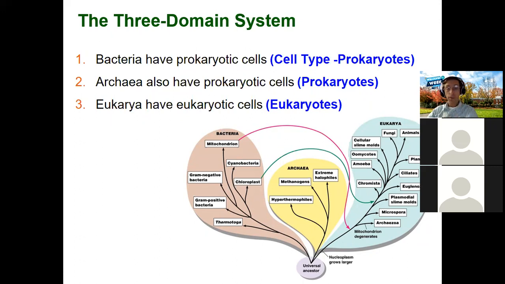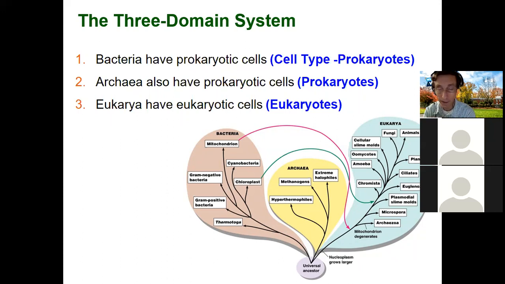However, the classification of a prokaryote and the eukaryote has been around long before we ever knew about there being three domains. And that's why the cell type being a prokaryote is most often called a super kingdom. That's because the kingdoms were around before the domains, and the prokaryotes and eukaryotes were also around and people knew about them, and they separated all living things into a super kingdom.